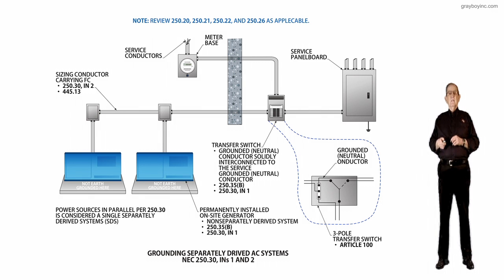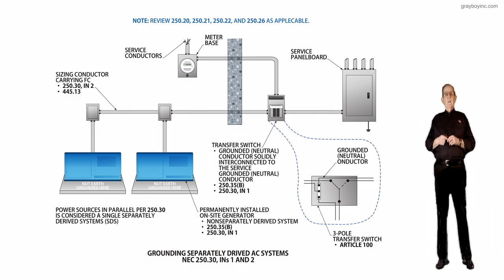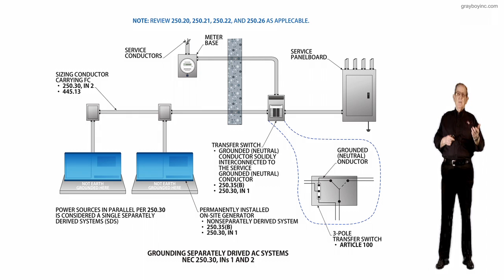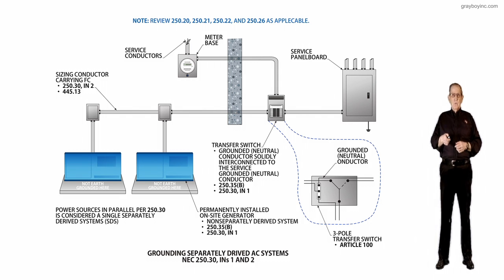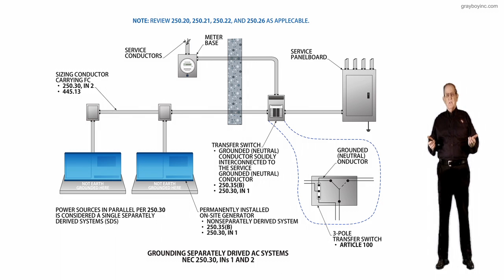And thirdly, I like to look at your parallel sources. Notice these are generators, so you have to classify them. You go to 700.2 and classify it because it has all the loads listed there in the informational note. If you supply those kinds of loads with your generators, they're emergency generators.